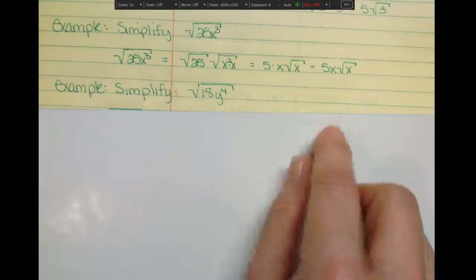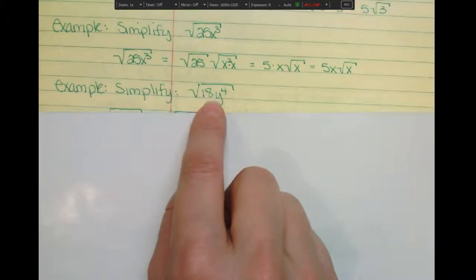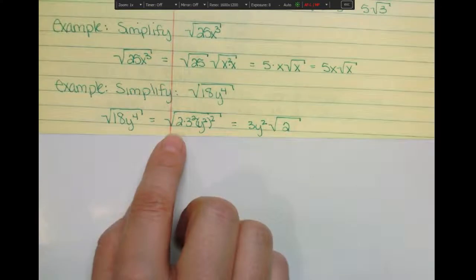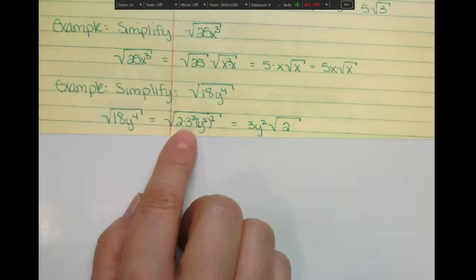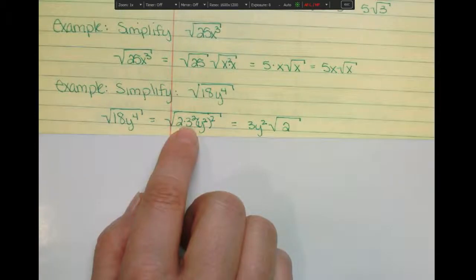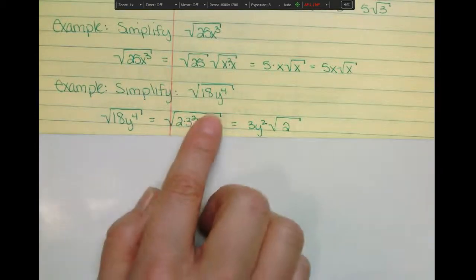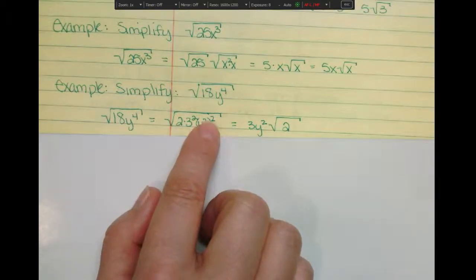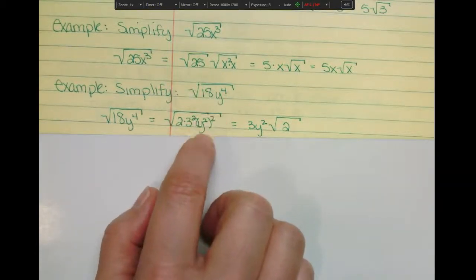Let's try another problem. Simplify the square root of 18y to the 4th. Well, I can write 18y to the 4th as the square root of 2 times 9, which is 3 squared. And then y to the 4th is really y squared squared, because 2 times 2 is 4.